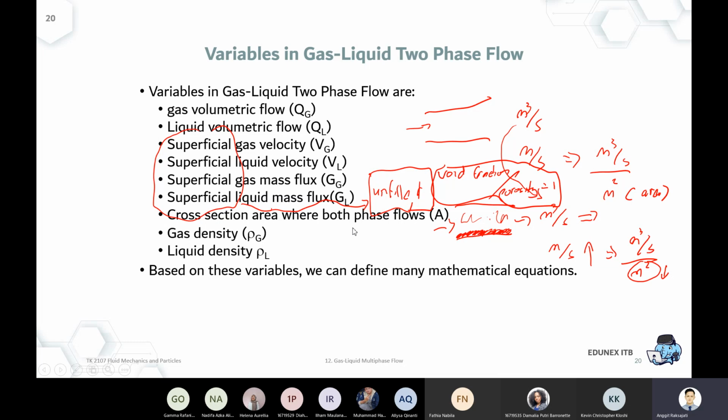Okay, and some of the other variables: cross-section area where both phases flow, that's what I said as square meter, the cross-section area, density, and so on. So actually, we're not introducing a lot of new variables.